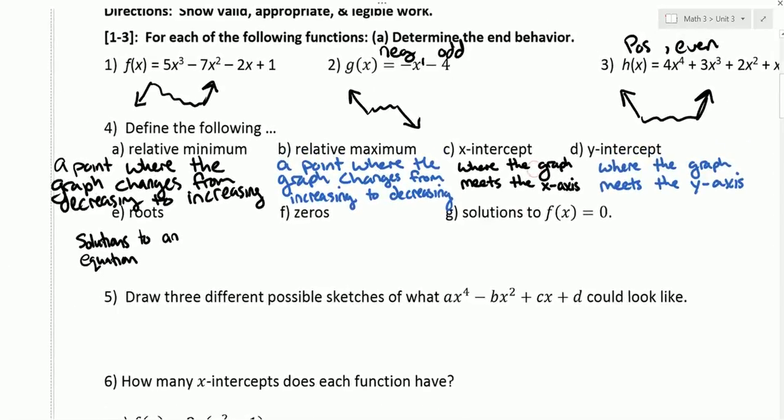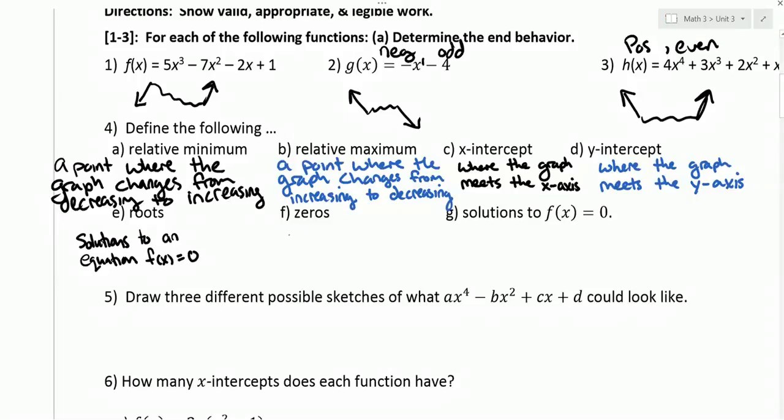We are back here. So solutions to an equation, and the particular equation is f of x equals 0, or it could be g of x or whatever function, but they're values that you plug into an equation to get 0. They can be real numbers, they can be imaginary numbers, they're roots.